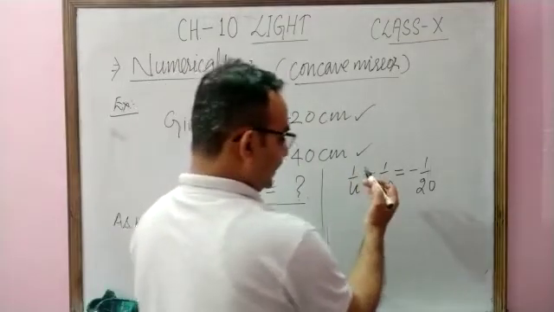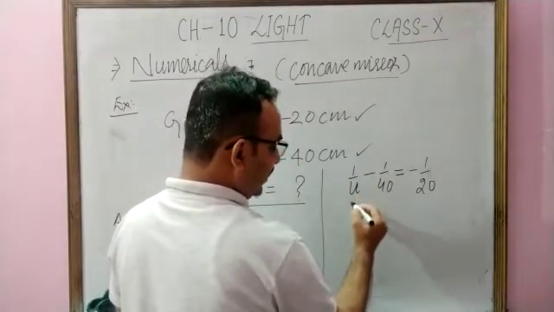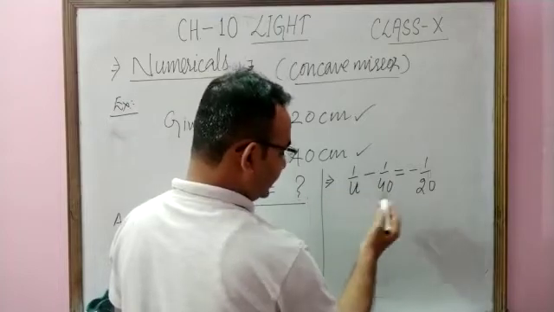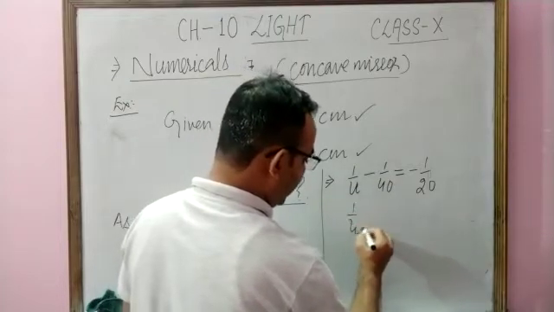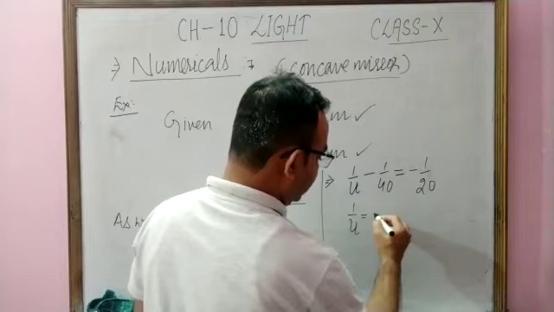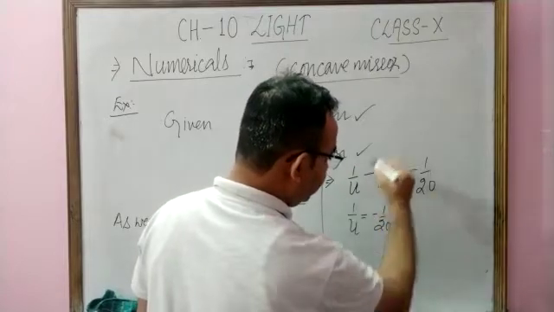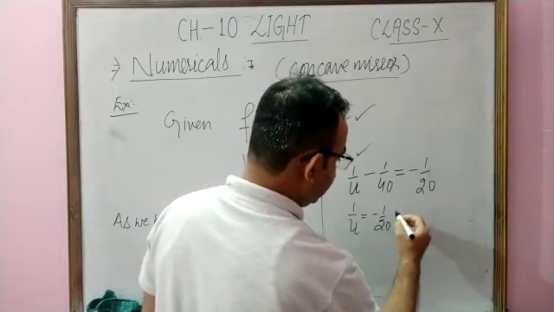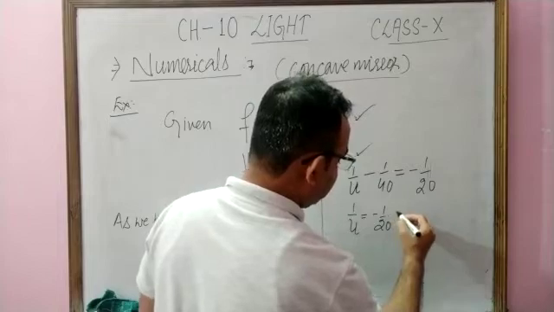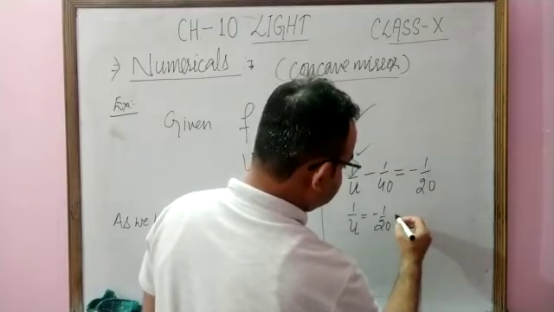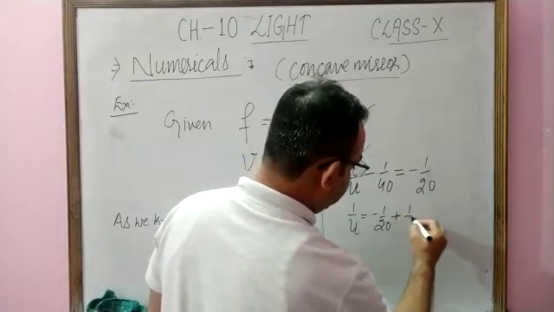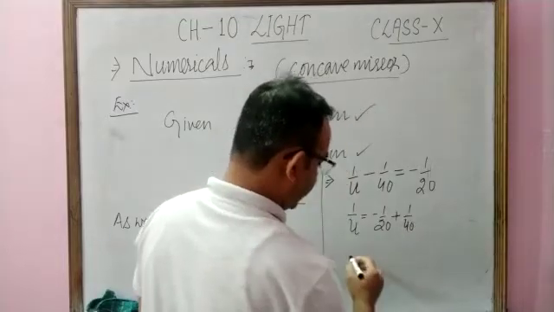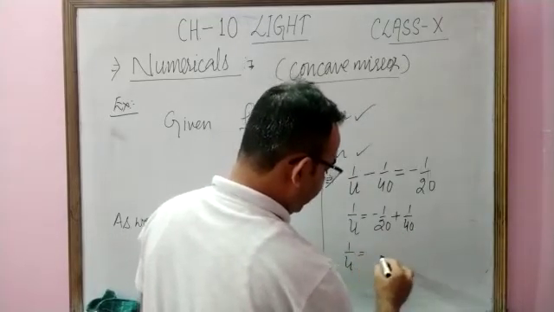The term which we have to find, keep on one side: 1 upon U is equal to minus 1 upon 20. If you shift minus 1 upon 40 to the other side of the equal sign, then it will be plus 1 upon 40.